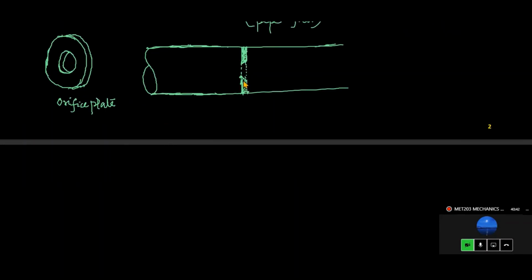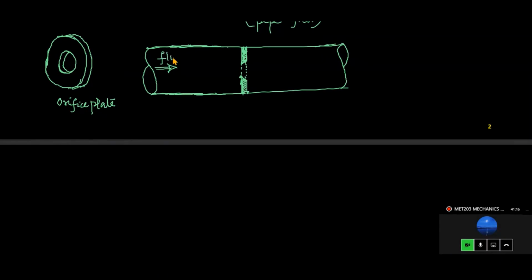The sharpness is at the edge of the hole. Then the water or the liquid flowing through the pipe will deviate in the vicinity of the orifice. This arrangement is called orifice plate. Symbolically, it is represented. So it is used after cutting the pipe and then using flanges. This is fixed in position. So the flow is in this direction.